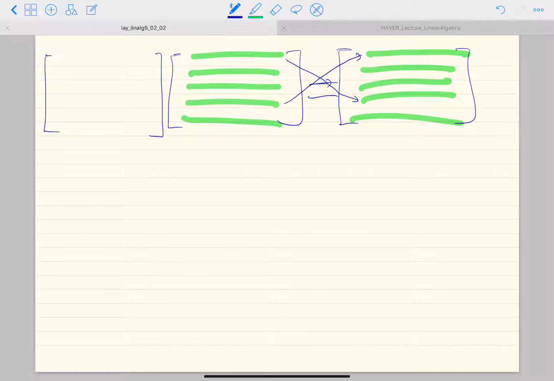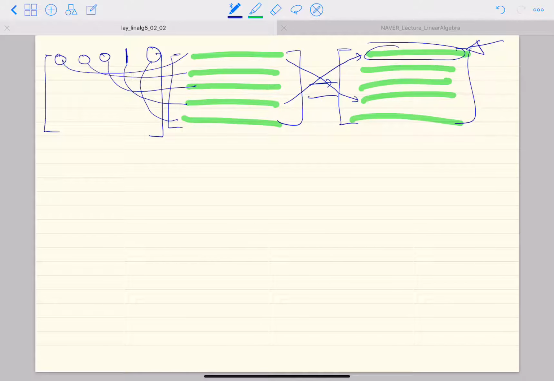What is the first row in the resulting matrix? That is coming from the fourth row of the input matrix, right? And then what is the linear combination coefficient? 0, 0, 0, 1, and 0. Does it make sense? So it is having the effect of choosing the fourth row in the place of the first row of the resulting matrix.